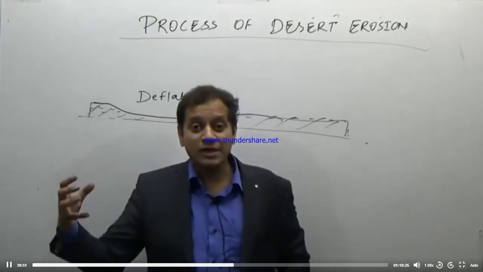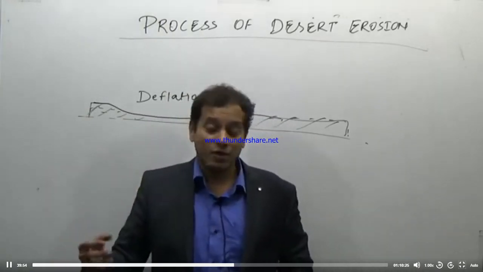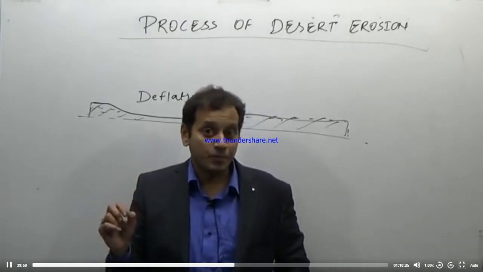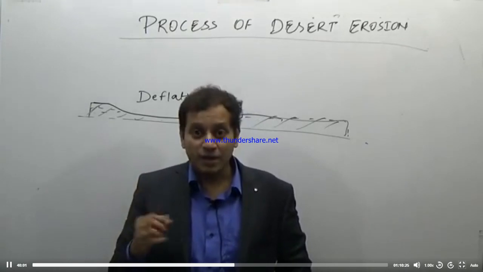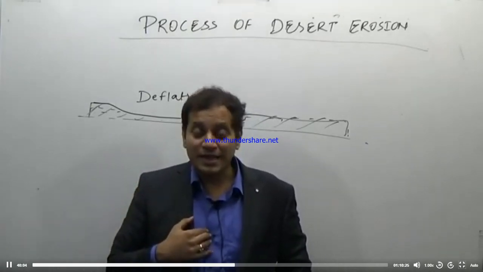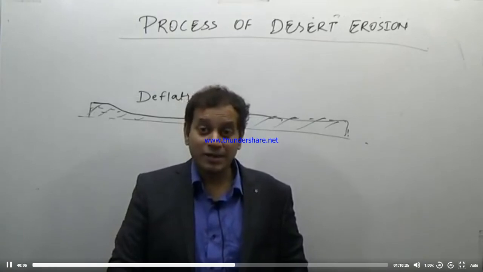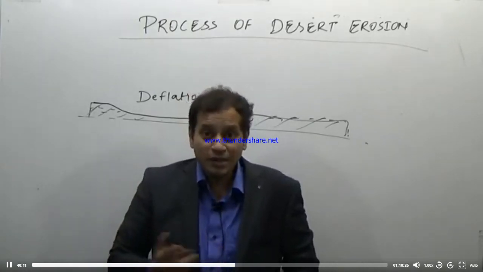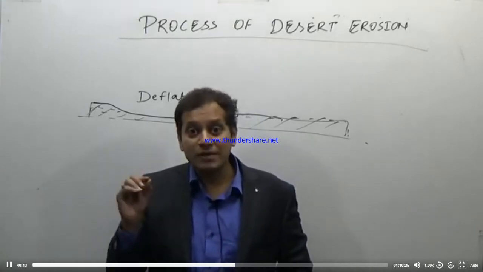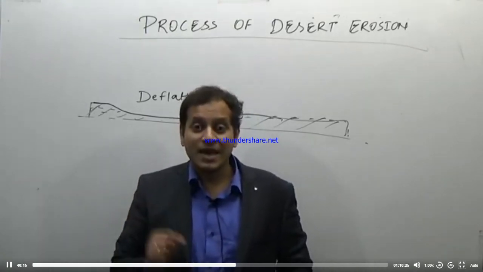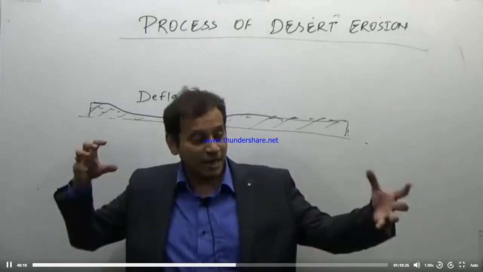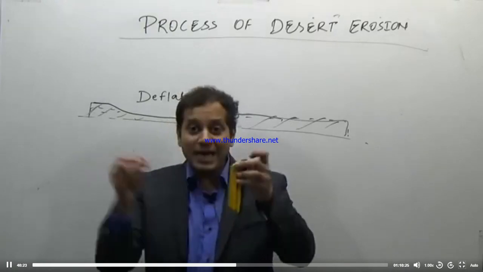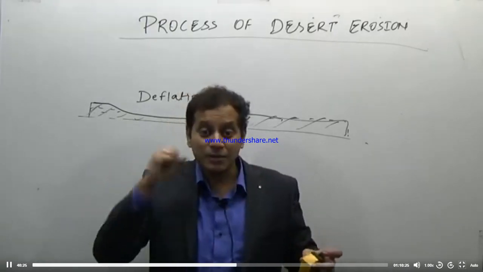When the strong wind is blowing, आंधी जब चल रही है, then obviously we are hurt by the small particles which are there in the winds. Unfortunately, in the areas which are habitable, that is where people live, आंधी रोज नहीं चलती. But in the desert region, because there is no tree, such strong winds always carry sand particles. And the sand particles come and hit the rock, and as a result, they keep on eroding the rock.